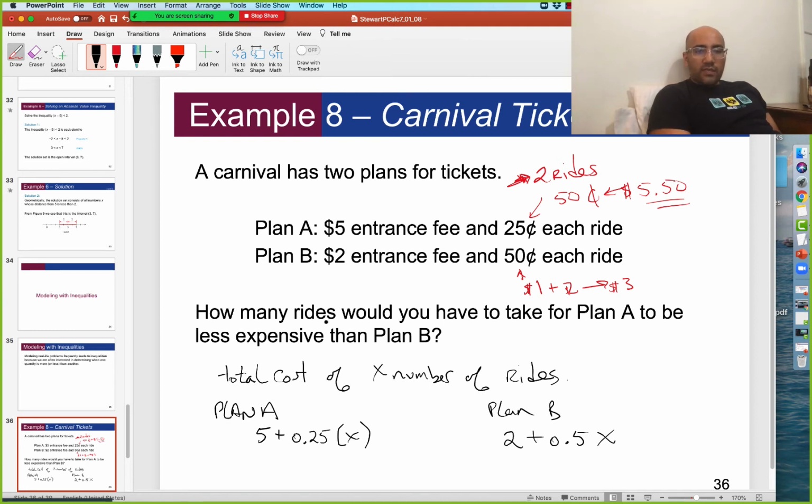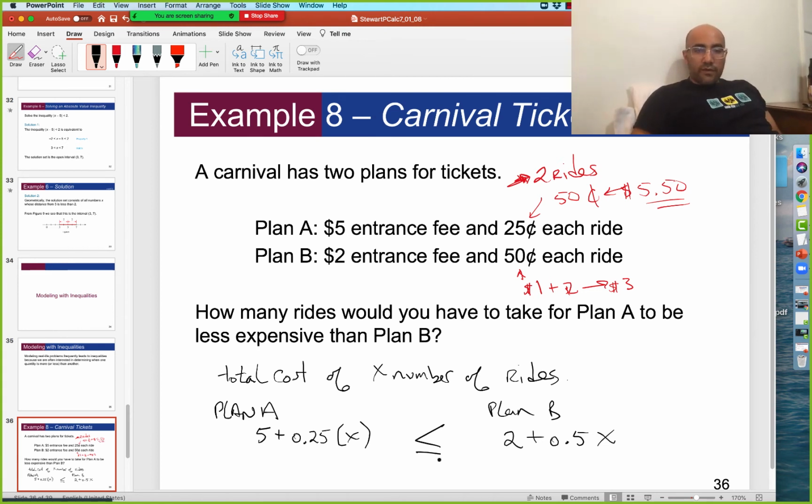And then the question was, how many rides would you have to take for Plan A to be less expensive than Plan B? So maybe that's what we're looking for. Find the values of x so that this plan is still less expensive than that one. Okay, so that's what we've got to solve.